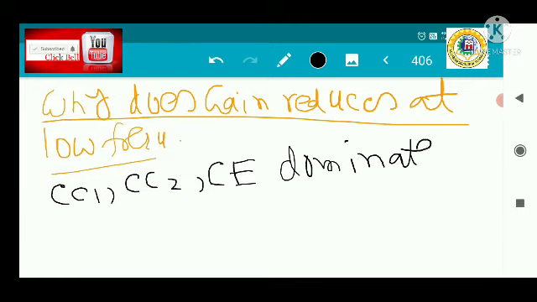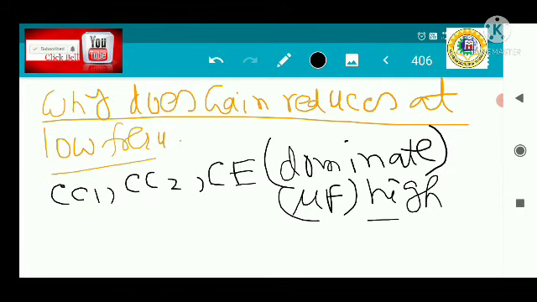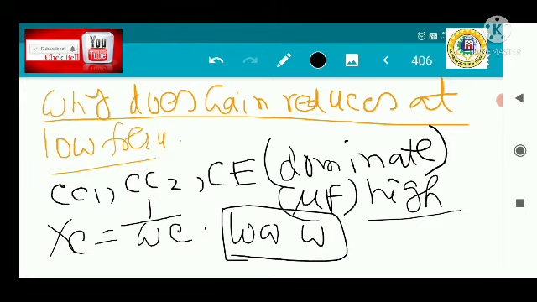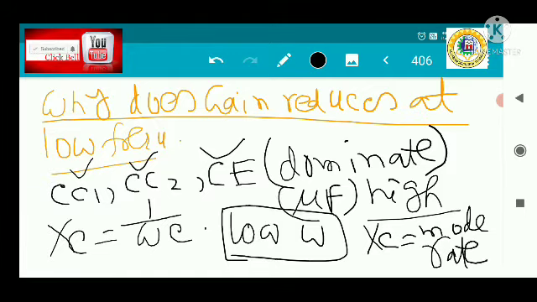The values of these capacitances are in the microfarad range, so they are considered very high value. Generally the reactance offered by a capacitance is 1 by omega C. So at low frequency, at low omega, this value Xc is actually high.